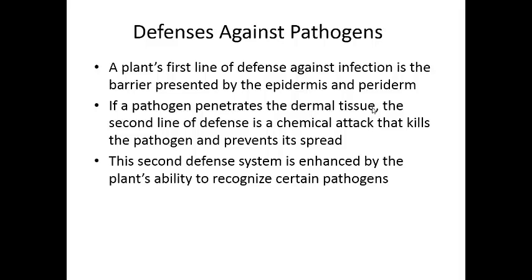It's a non-specific defense. The chemicals attack all pathogens the same way. The second line of defense is much more specific, and it's enhanced by the plant's ability to recognize particular pathogens.